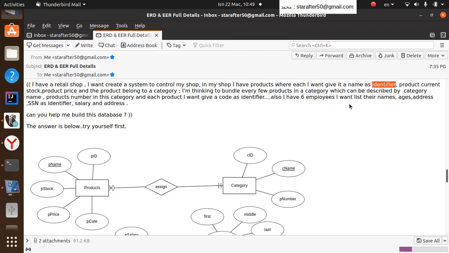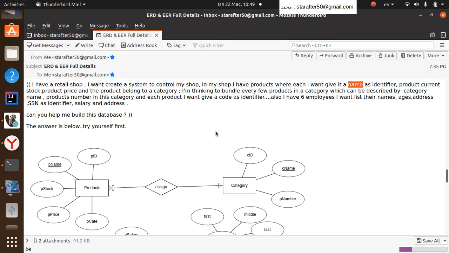Let's say I want to give it a name as the specifier of this entity. Specifier. You need to pick up these things while he is talking. Whether it's an identifier, that means this attribute will identify the entire entity. So you will make it the primary key. Remember, the primary key will have an underline.